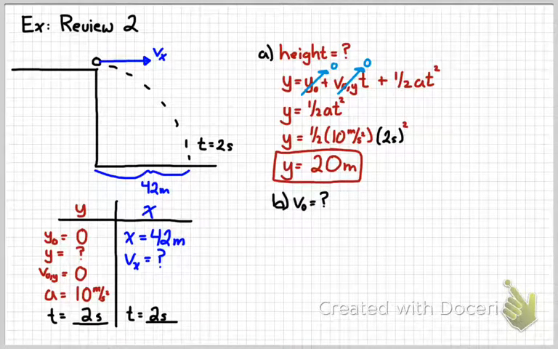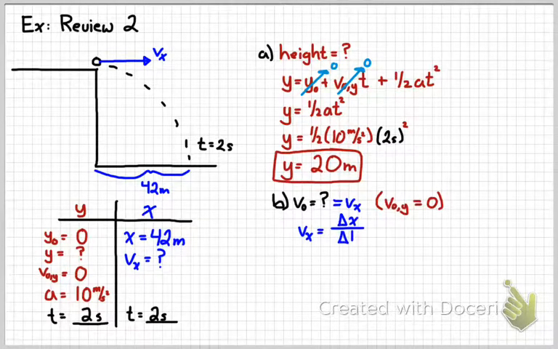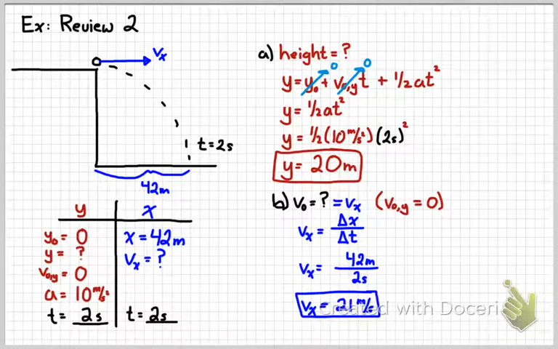Solving for the velocity, we have to remember that that velocity is in the x direction. So it says find the initial velocity, that means find Vx. Since the x velocity is constant, we can use our constant velocity equations of motion, like v equals delta x over delta t, and then simply divide, we get 21 meters per second for that.